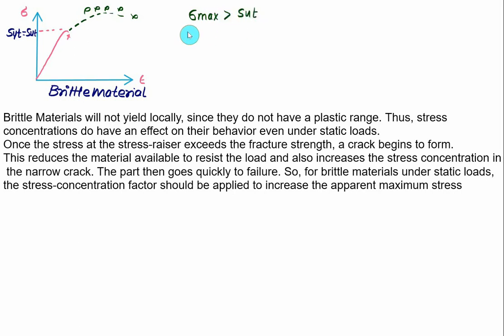There is no local yielding because you can't exceed more than SUT. In that case we have a failure. So the plastic region is not present in the case of brittle material, and therefore the failure is always there. Because failure occurs due to the stress concentration, the values of KT and KTS must be considered in the case of brittle material.